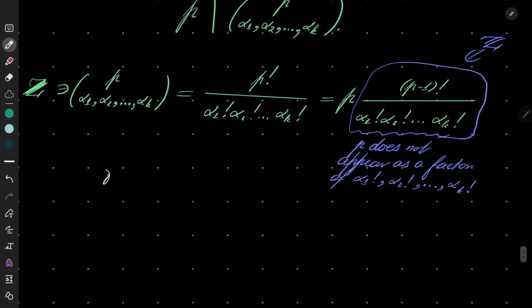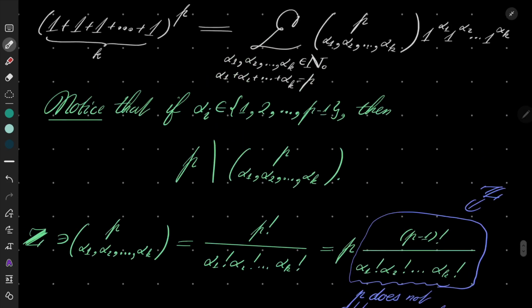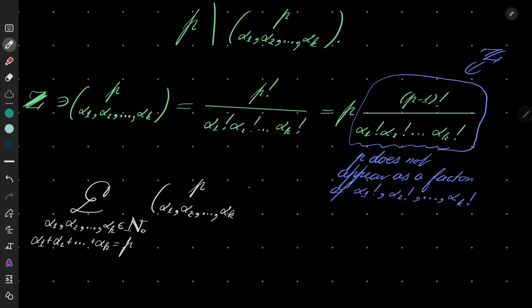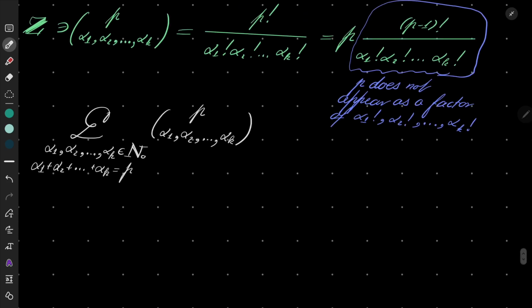And now, let's take our sum once again. Alpha k are natural numbers. Alpha 1 plus alpha 2 plus alpha k equals p, and we are summing p choose alpha 1, alpha 2, alpha k. And now let's notice that this entire sum is congruent.